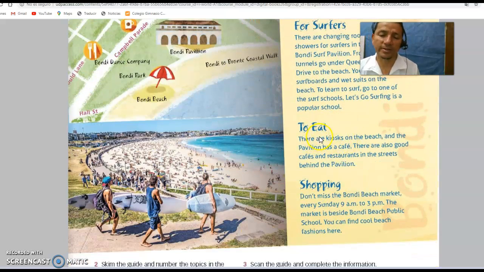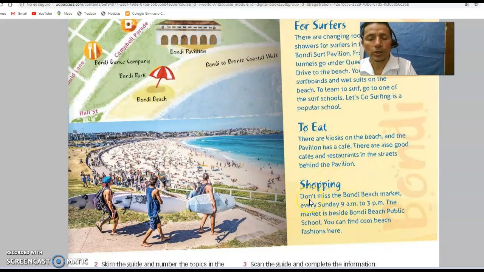To eat, there are kiosks. There are kiosks on the beach, and the pavilion has a cafe. There are also good cafes and restaurants in the streets behind the pavilion.